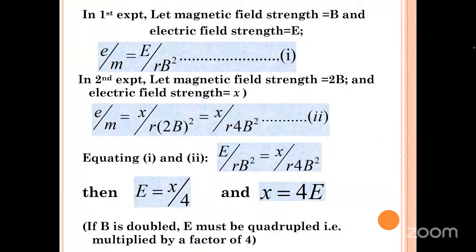So I want to ask, how do we go about having X over R 4B squared on the right? If you square 2B, what will you get? 2B squared, what would it give you? It will be 4B squared. Very good. Thank you.